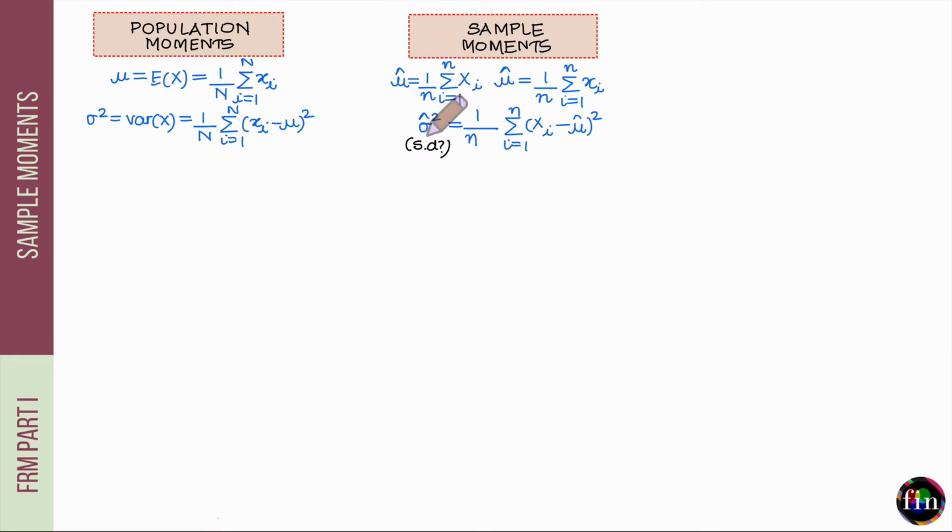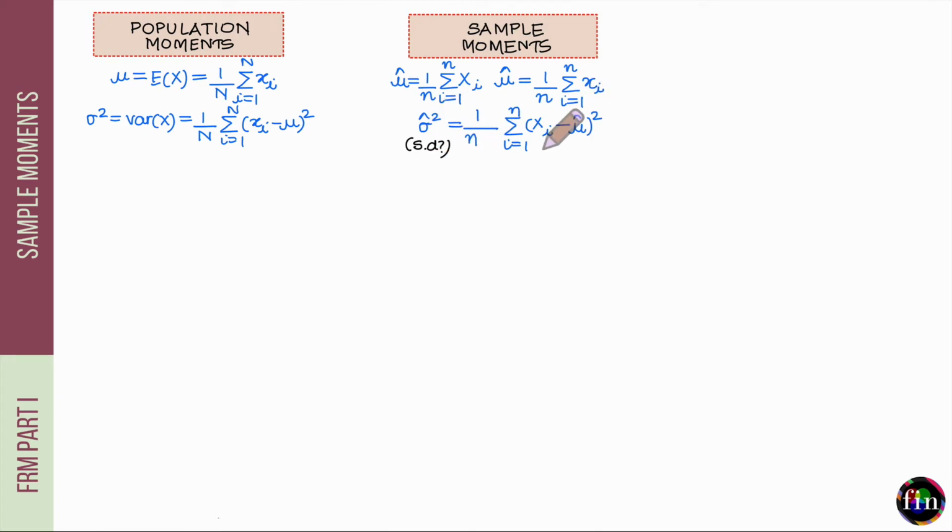Again, you have an estimator for sigma squared as well, written as sigma hat squared. It's again a simple average of the squared deviations of x's which are coming from the sample, and these are deviations from the sample mean mu hat, and this simple average is being computed across the n members of your sample.